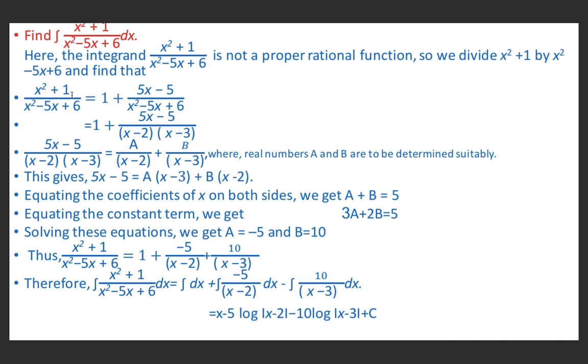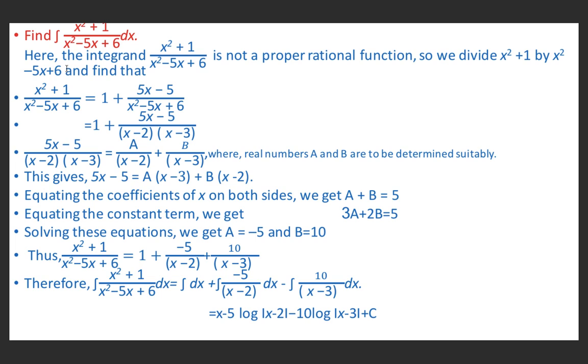Now we will find the integration of (x² + 1)/(x² - 5x + 6) dx. Here the numerator is a quadratic polynomial and the denominator is also a quadratic polynomial. So here also the power is 2, here also the power is 2.